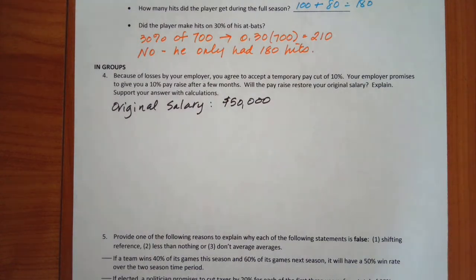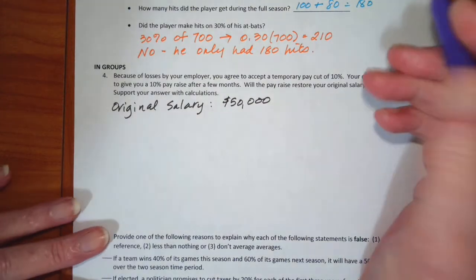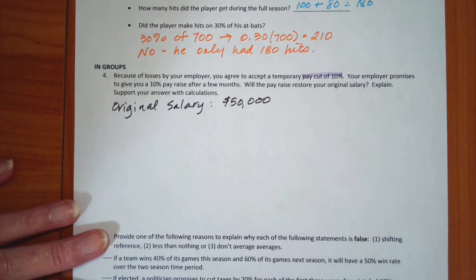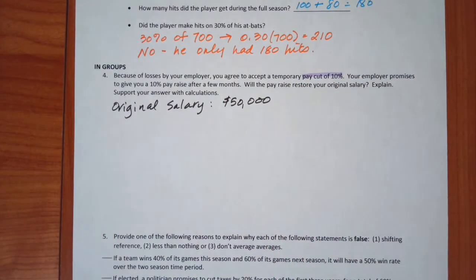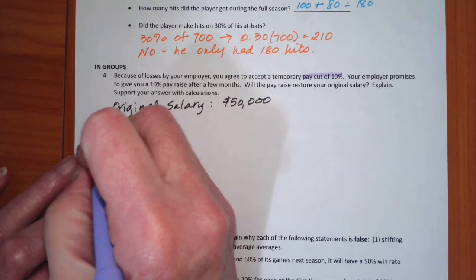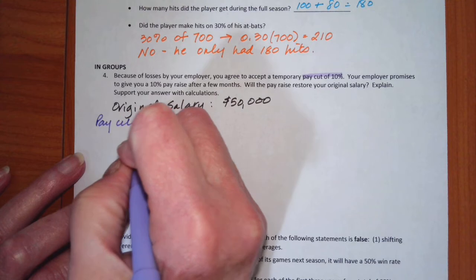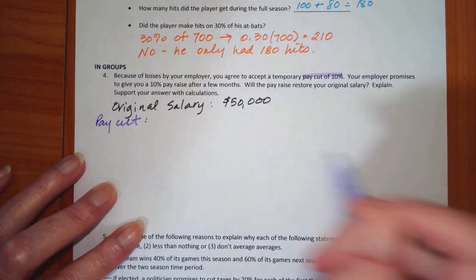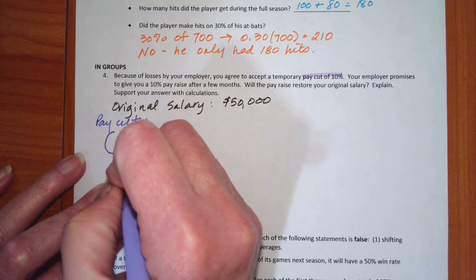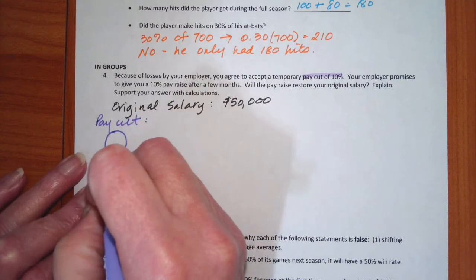Well, what happens first? What happens first is you get a pay cut of 10%. For the pay cut, once again, if you need the circle, go for it. This is your original 50,000.